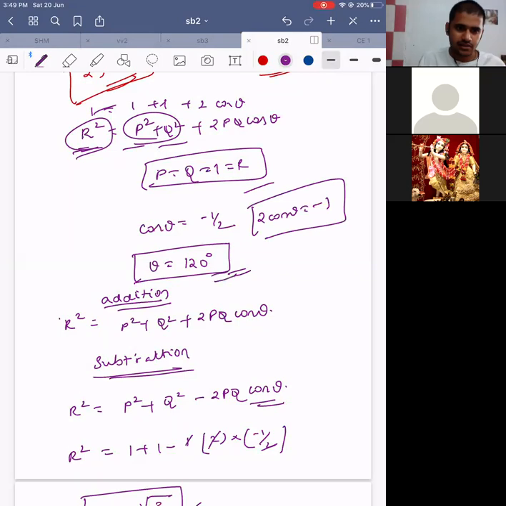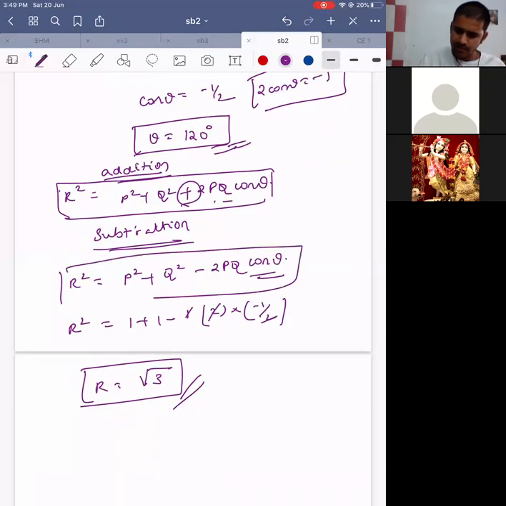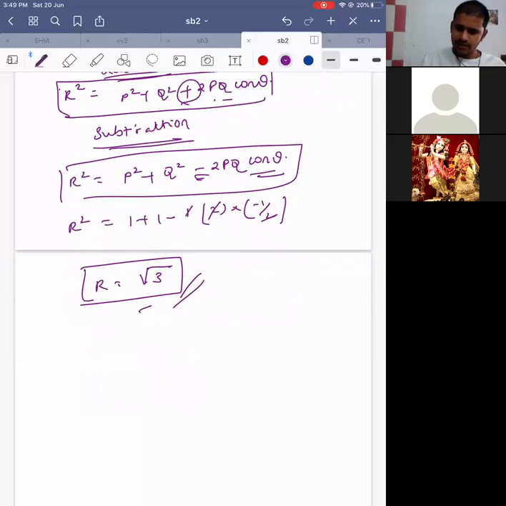And the addition formula is plus 2PQ cos theta, and subtraction is minus 2PQ cos theta. The resultant is square root of 3. If you substitute the cos theta value, minus minus becomes plus, so R will be root 3. Is it understandable?